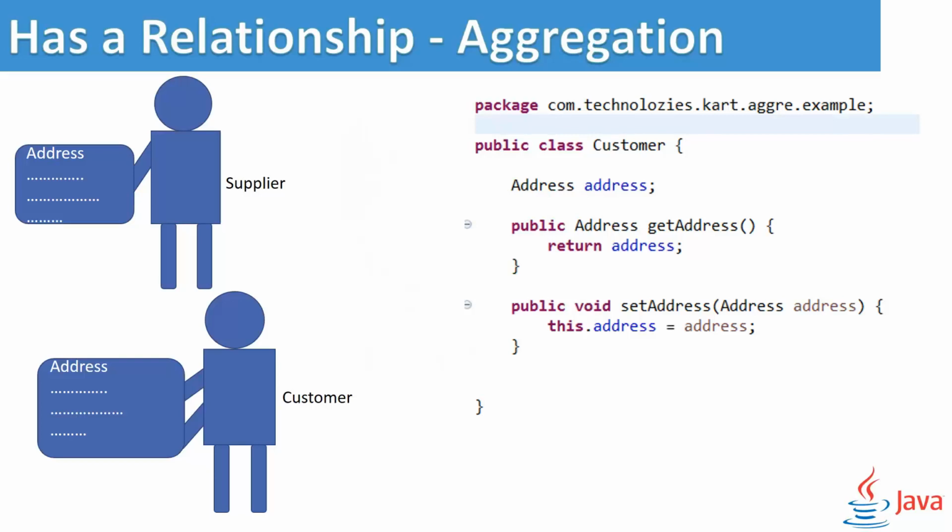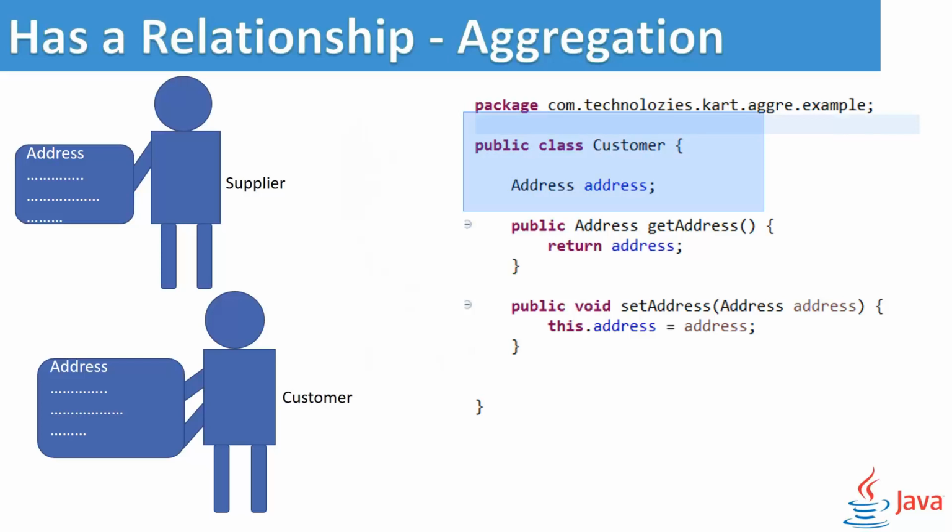However, the question is why we require aggregation. The answer is code reusability. In this example, we can use a reference of class address in all the classes like employee, customer or supplier, etc. That means we do not need to write the code of the address class into each class individually.